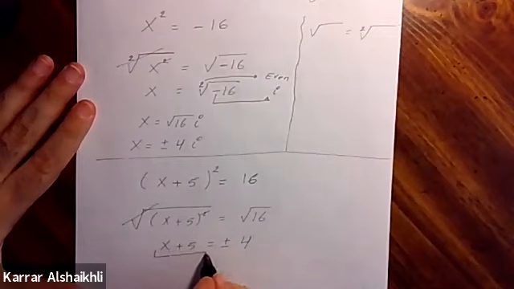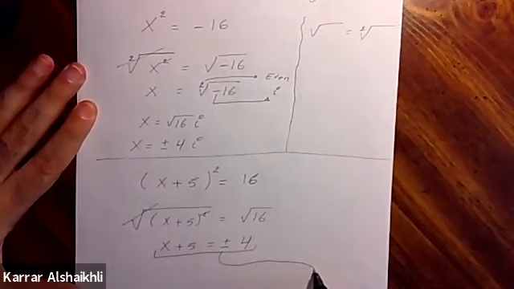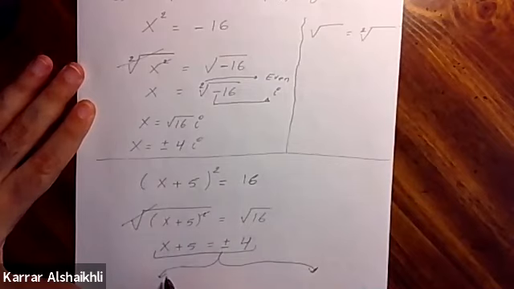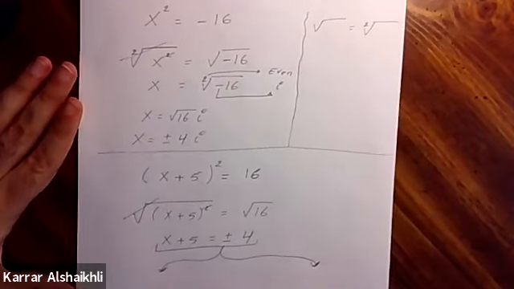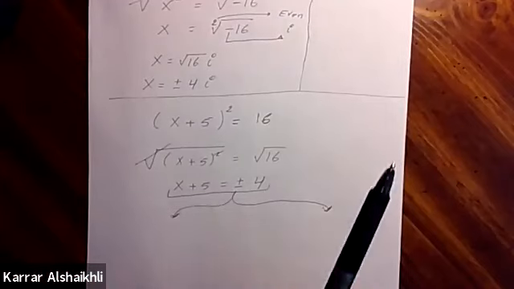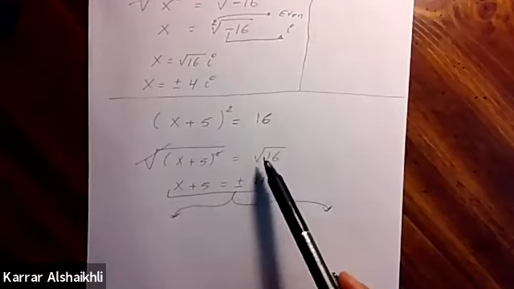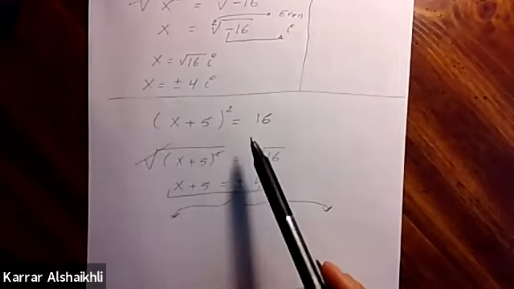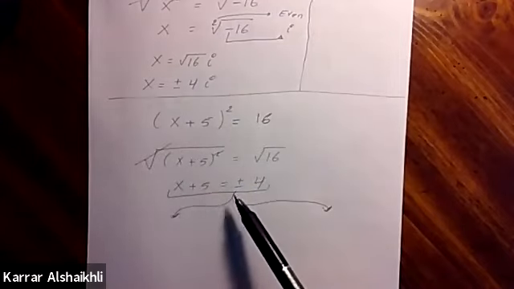On this part, you're going to get two solutions. Why? Because always, when you're taking the square root of a number in an equation, don't forget to put a plus or minus.